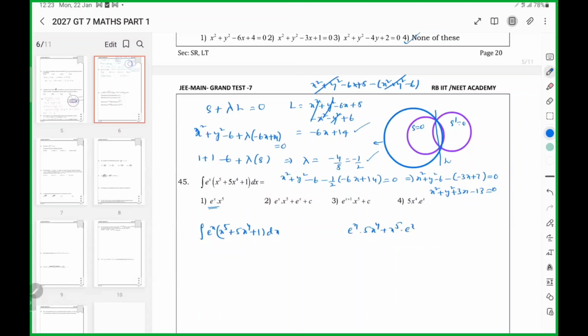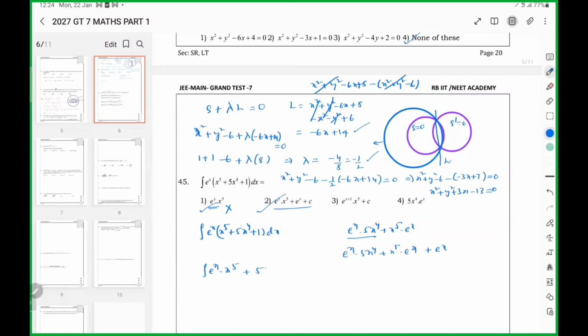Right. So this one is a constant. 5x power 4 e power x is there, x power 5, but e power x, so this can't be the answer. Let us check this: e power x, 5x power 4, x power 5, e power x. Again e power x is there, so 100% this is there.